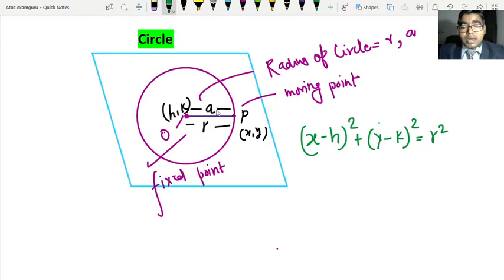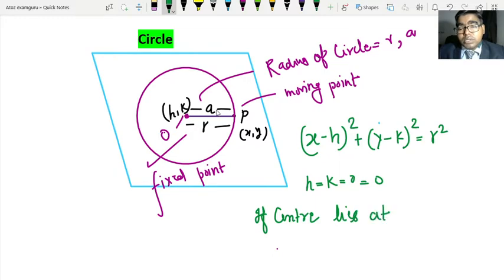It means that if the center lies at the origin, then h comma k equals 0 comma 0.